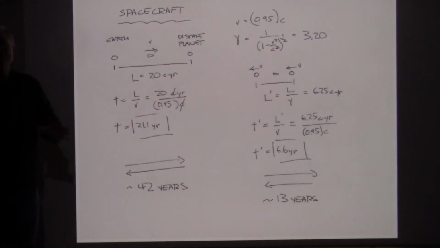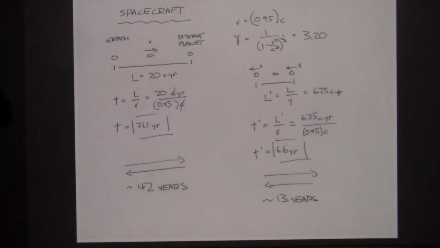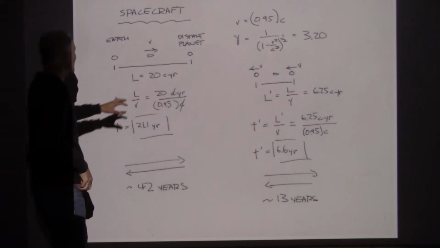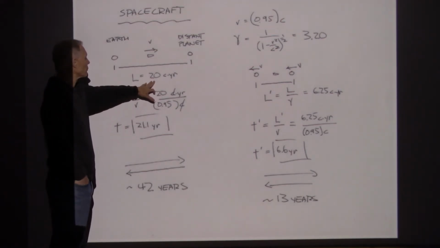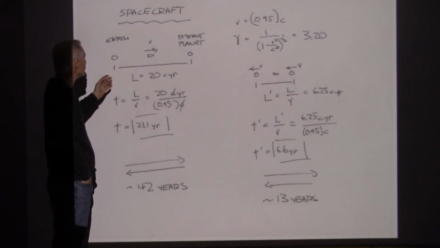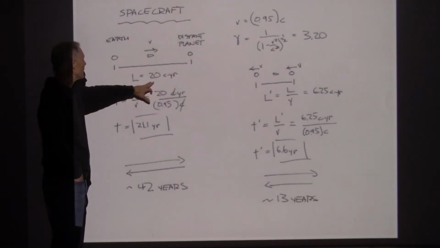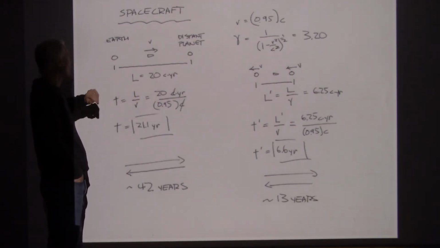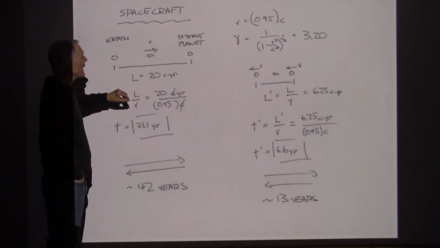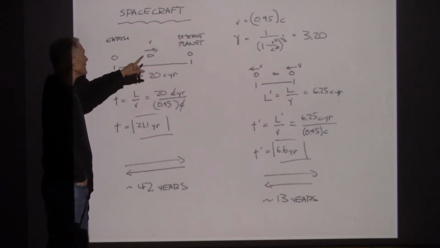Now, light years is a distance unit, but one way we can write those units down is to write it as a factor of c times a year. This turns out to be really convenient for solving problems using light years, so I highly recommend this approach for these kinds of problems.